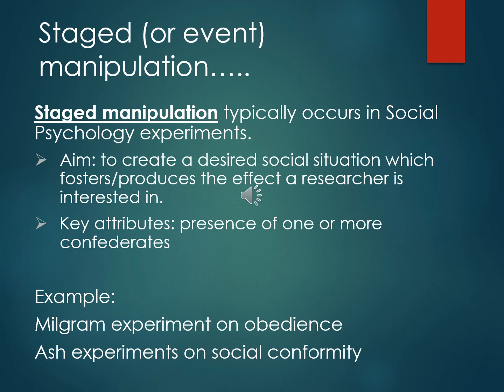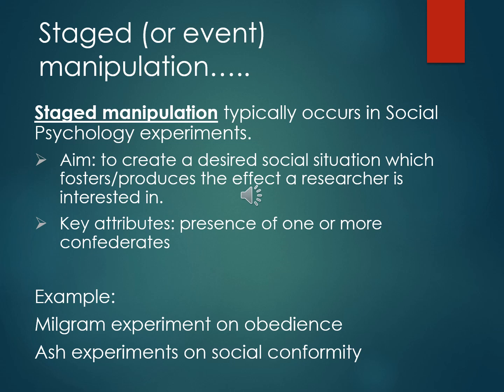There are many different kinds of manipulations of independent variables, as some of the examples discussed in the past slide. Some examples include instructional manipulation, where you just give different instructions. Sometimes it's a behavioral manipulation, where, for example, participants need to perform different kinds of tasks.